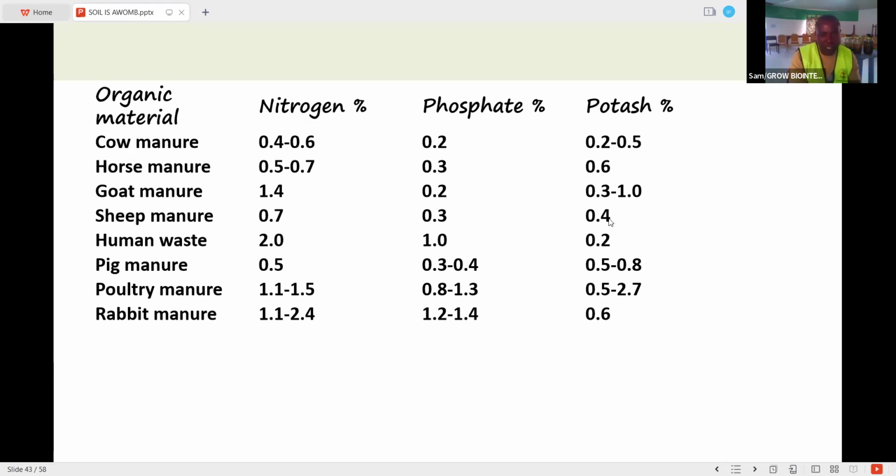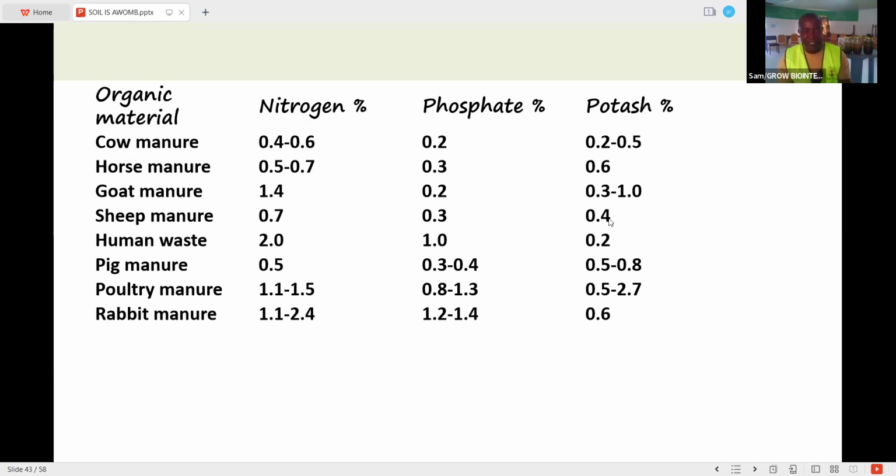If you want more nitrogen in your soil, which one do you apply there? You see, poultry manure has high amounts of nitrogen. Rabbit manure has high amounts of nitrogen. So it depends on what you want to use there. Pig manure has some amounts.